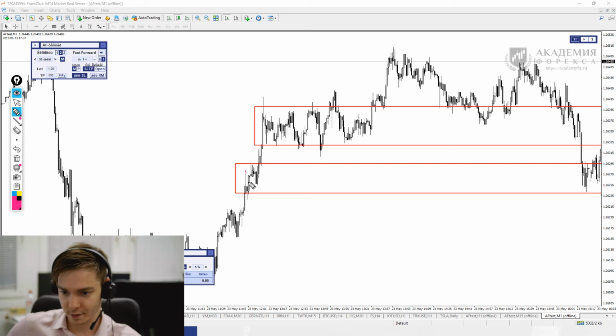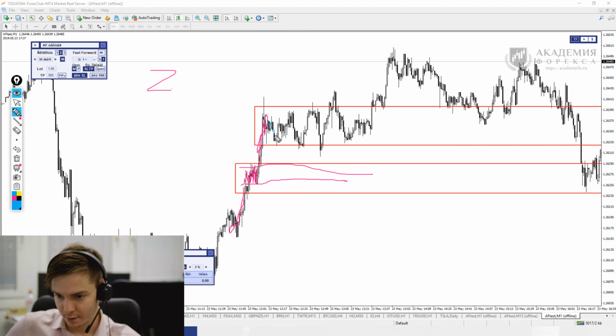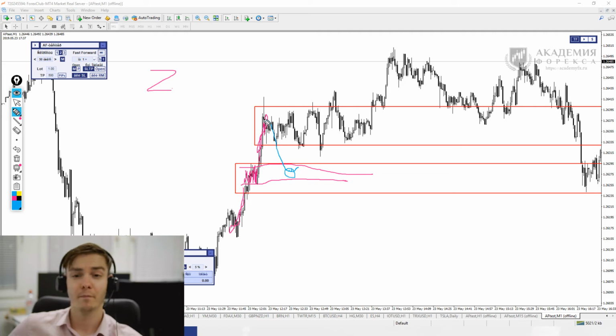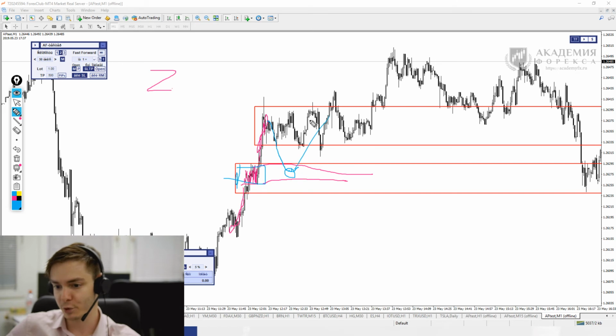Again, we have this consolidation, and after this impulsive movement, market is retesting this level here but is going deeper into the consolidation and a fractal is formed. It means that banks and the big players want a bigger position. They want to use the liquidity of these players and push the market.